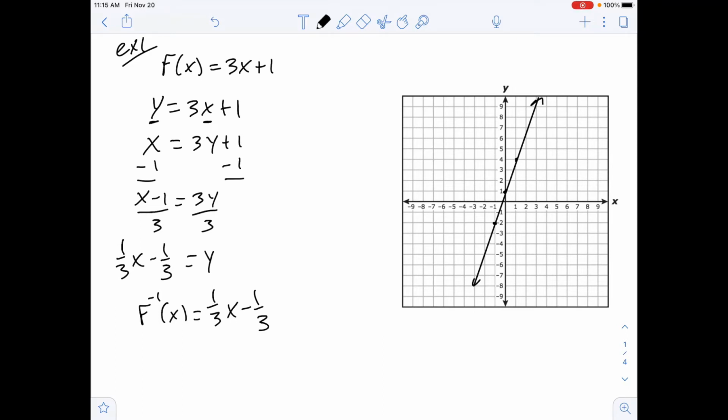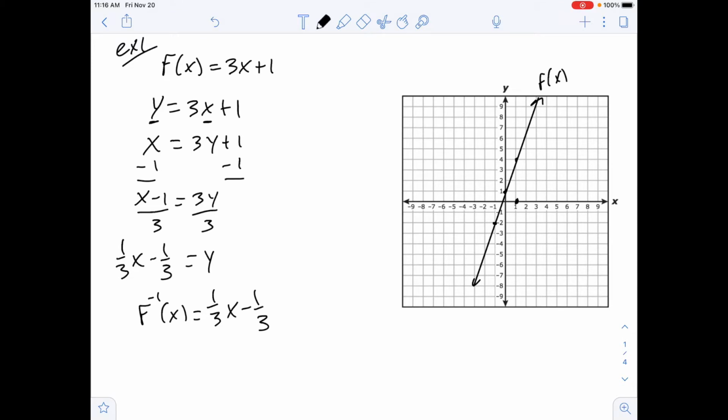So this right here is f of x, the original. Now, if I go ahead and graph the inverse, so I have this right here. And if I put in the value of 1 for x, that's going to be 1/3 minus 1/3, which is 0.